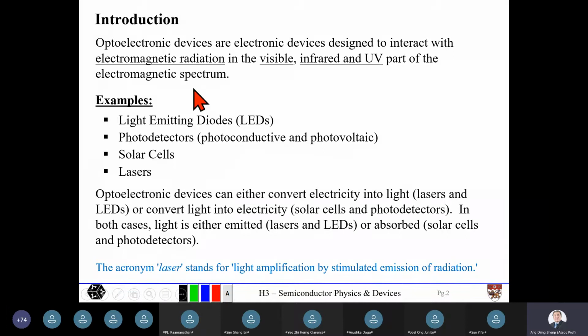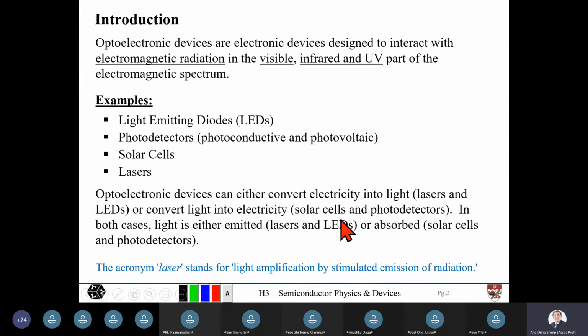Now, optoelectronic devices are semiconductor devices designed to interact with part of the electromagnetic spectrum, typically the visible spectrum and the infrared as well as the UV. So what an optoelectronic device does is that it simply either converts electricity into light or converts light into electricity, one of these two functions.